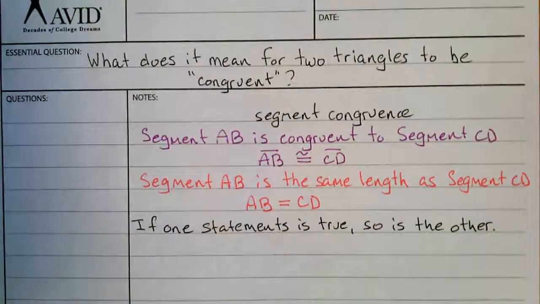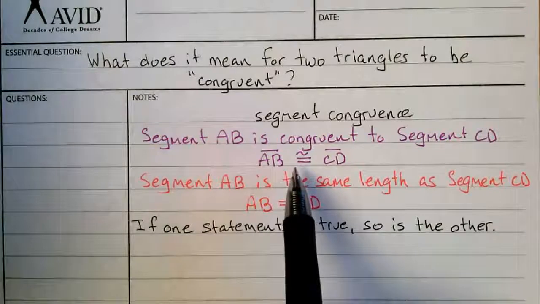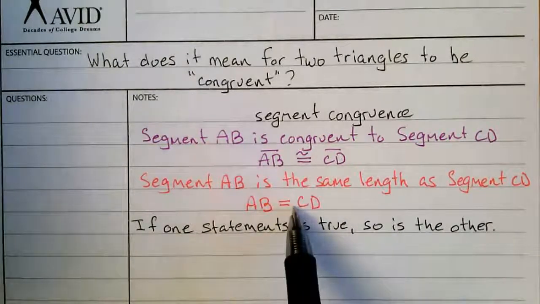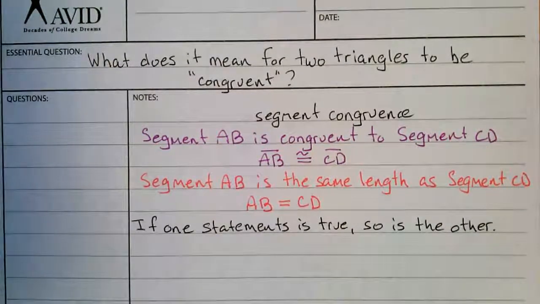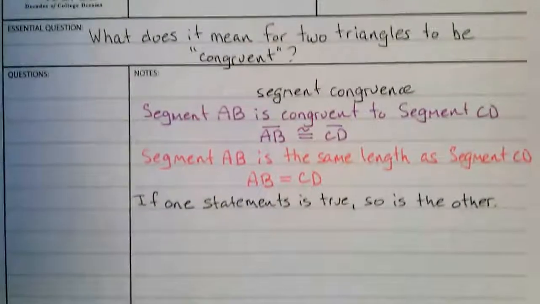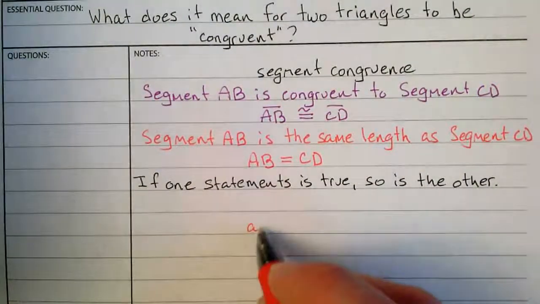It's not correct to say that they mean the same thing, but if I told you that this statement was true, you could conclude that the segments were the same length. If you knew the segments were the same length, then you'd know that they were congruent. So, in a sense, yes, they kind of mean the same thing, but not exactly. Next, let's take a look at angle congruence.